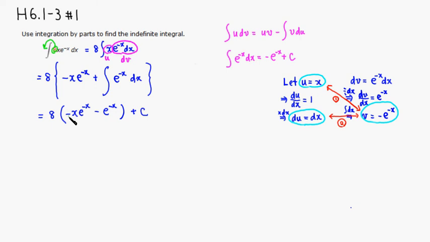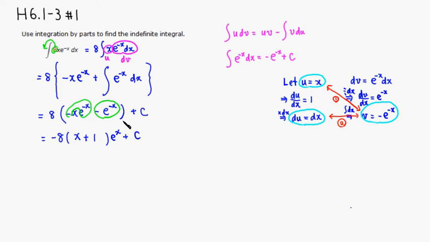It looks like negative e to the negative x is in common, so I'll factor that out. This is going to be negative 8 times e to the negative x. If you factor that out of the x term, you just have 1 left over, plus c.